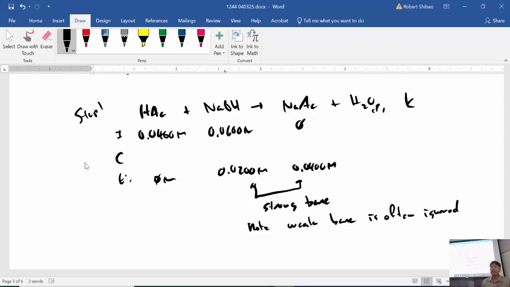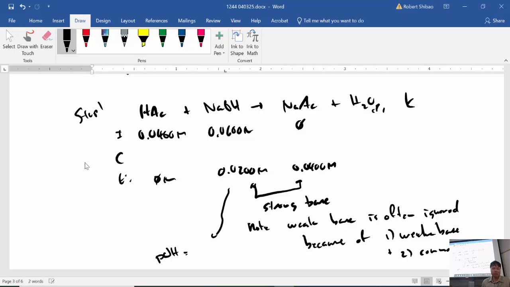The other reason is that in the presence of a common ion, they produce even less hydroxide. And so we can go straight to the pOH. pOH would be the negative log of 0.02.